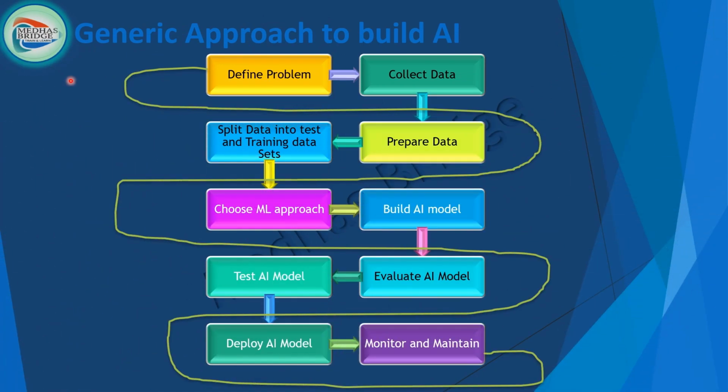A generic approach to build AI for a given domain where you are trying to solve a problem. You first define the problem, understanding the problem statement clearly and thoroughly. Once you have the problem in hand, the next step is to collect as much data as possible. In today's world, the internet is growing, isn't it?